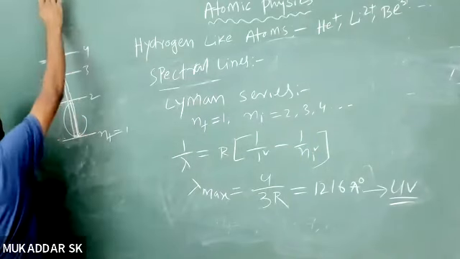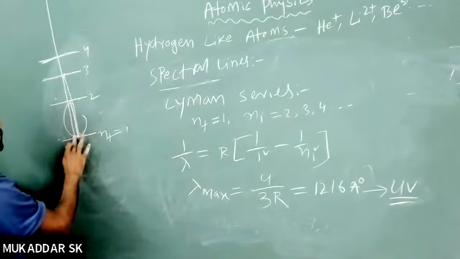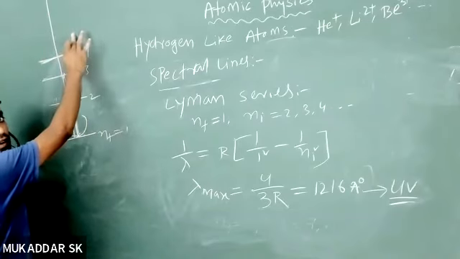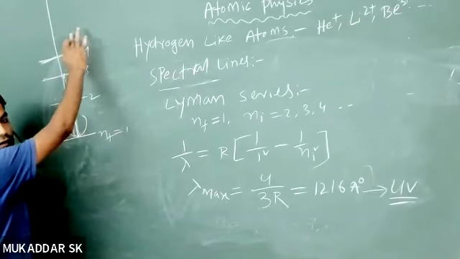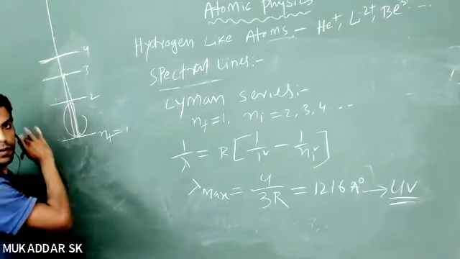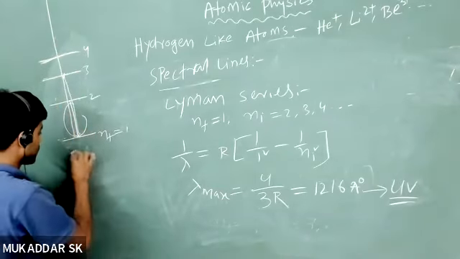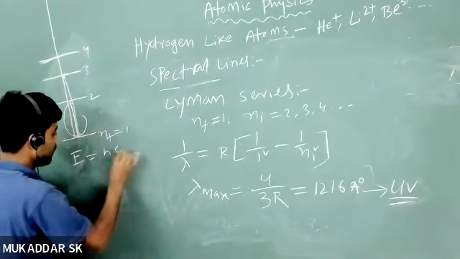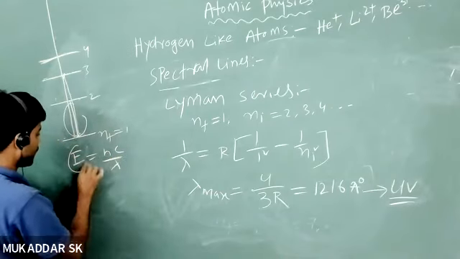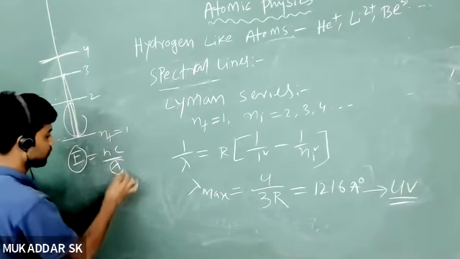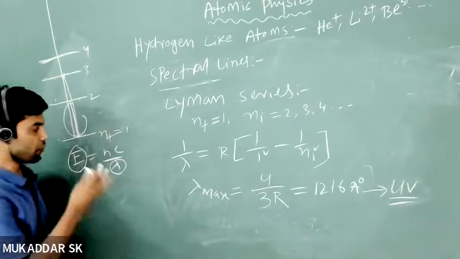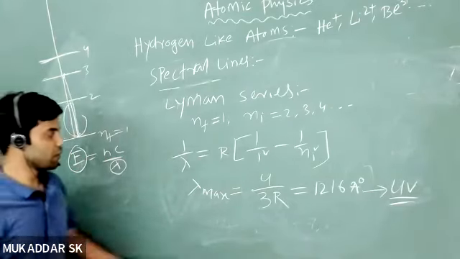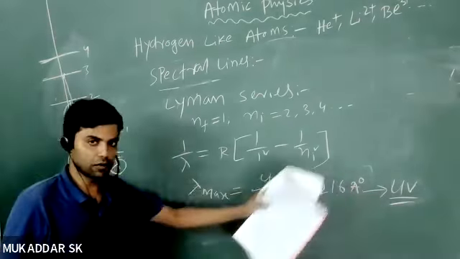You see this energy gap is very high. It means the emitted photon will have the largest energy. If the energy is large, it will have low wavelength because E equals hc by lambda. Now, if this is very high, of course, lambda will be very small. So the smallest wavelength in the Lyman series is when Ni equals infinity.